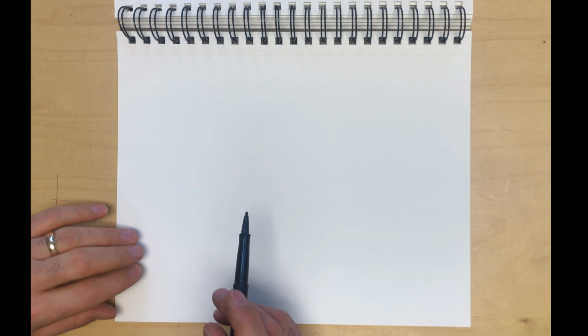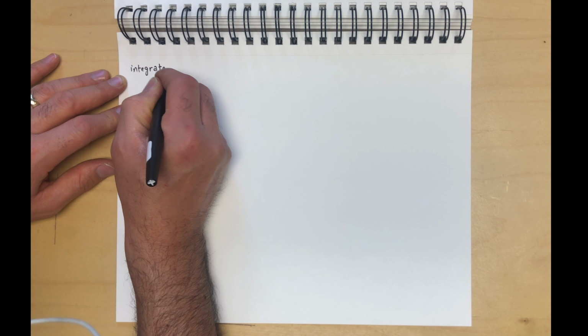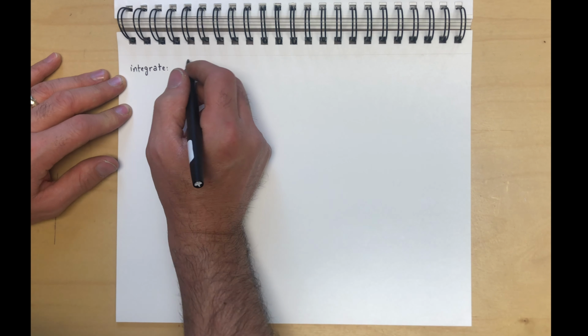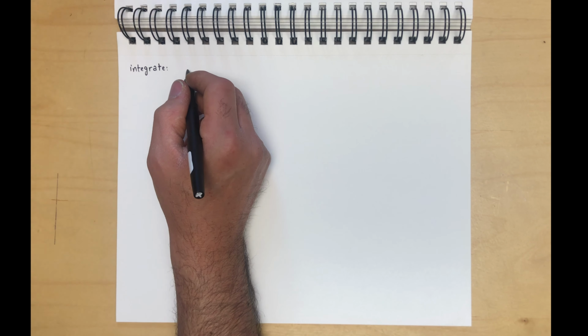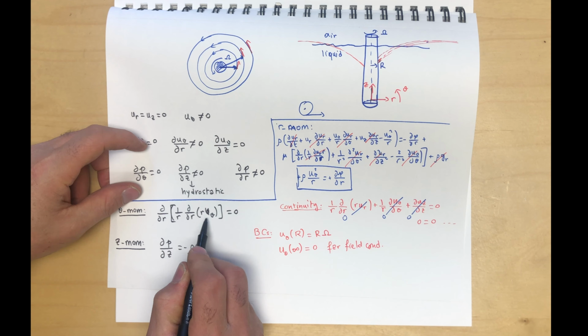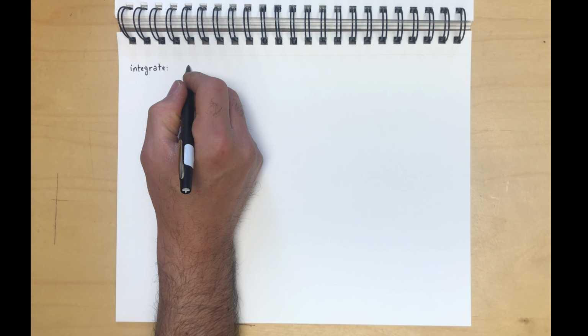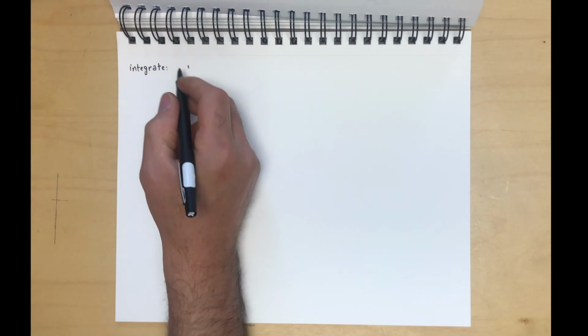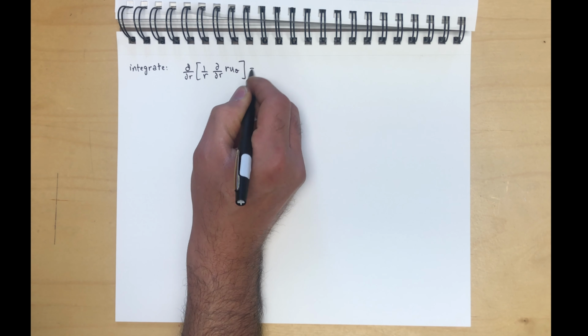Okay. Next, we can start integrating the equations. We said that the theta momentum equation is going to give us the form of the velocity. So let's remember what that equation was: d by dr of 1 over r d by dr of r u theta is equal to 0.